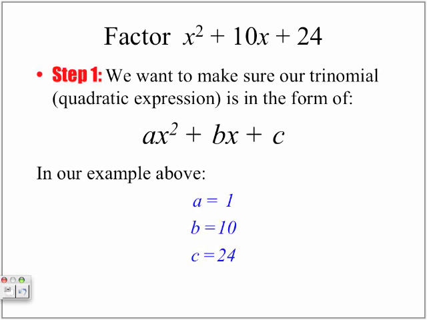And it already is in our example: we have x squared plus 10x plus 24. So in our example, our a value is 1, our b value is 10, and our c value is 24. We're going to need to know that information in order to continue with the next steps.